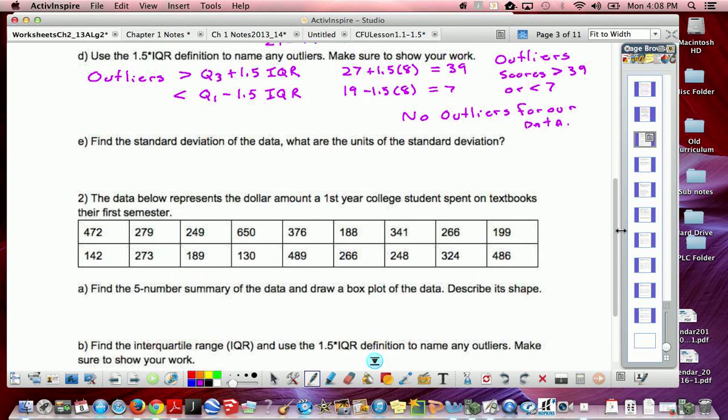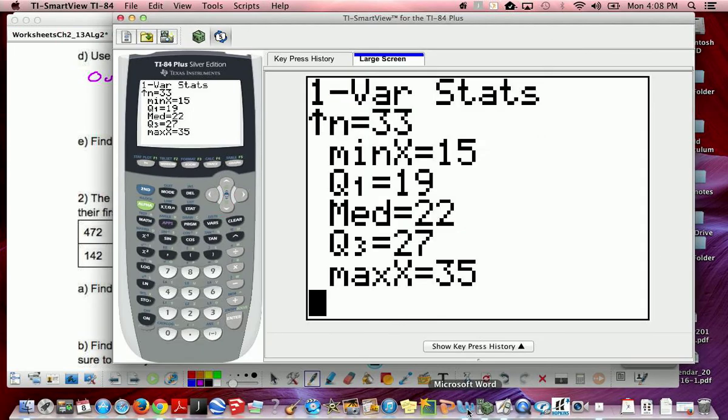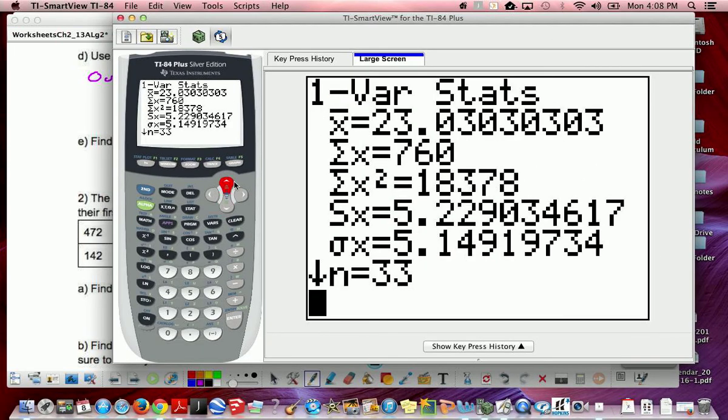So E asks you to find the standard deviation of the data. So that's where we go back to one variable statistics and look for S of X. So if I go back to my calculator, I can actually still have this in here and scroll back up and look at S of X as 5.2290.